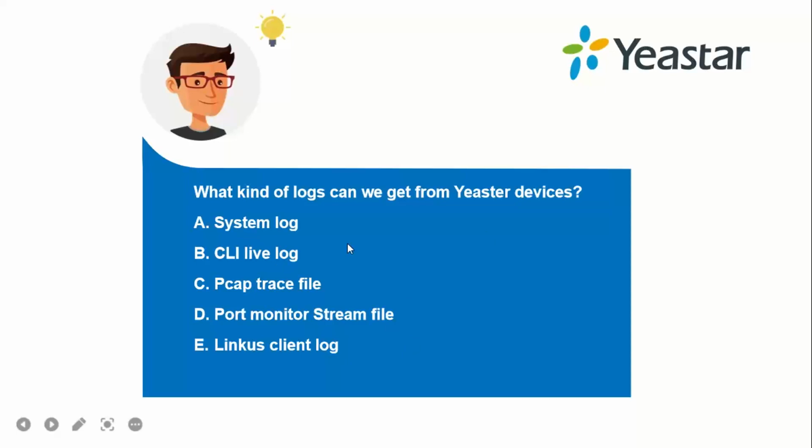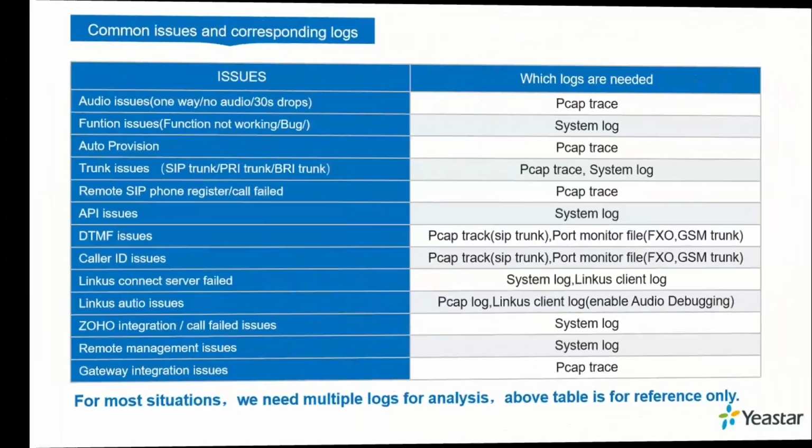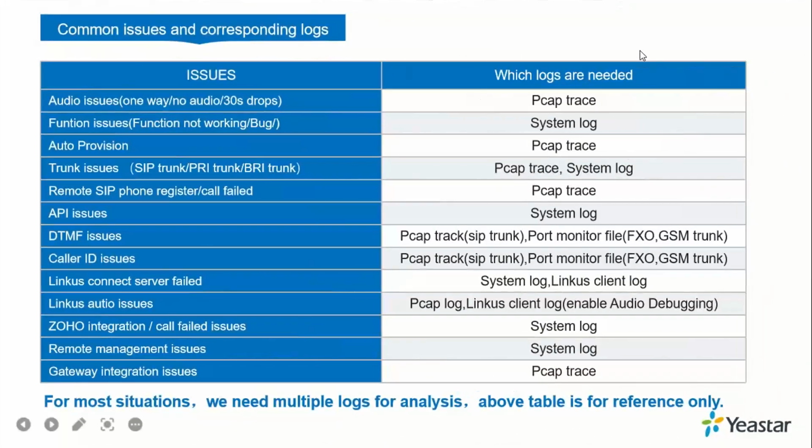This is not to say that the other logs are not important. Actually, each log is important and has its corresponding use scenarios, and in many cases, problem solving requires a collection of logs. For example, for a DTMF issue, you need at least a PCAP trace file and a pcap monitor file at the same time.